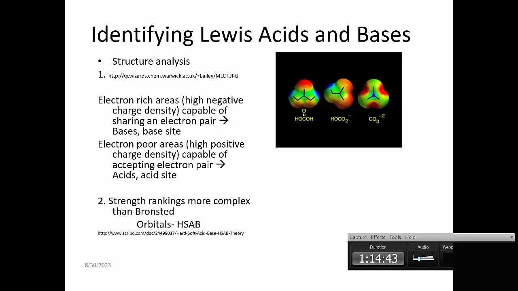So at the very simplest level, the bases are going to be negative, and the acids are going to be positive. So when we look at molecules like this, we look for sites of reactivity. And the color coding system here goes like this.